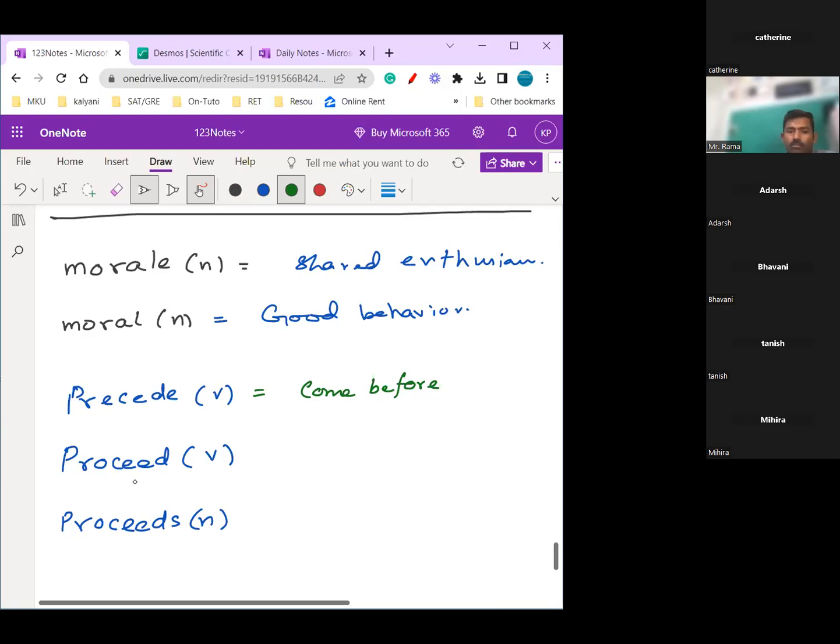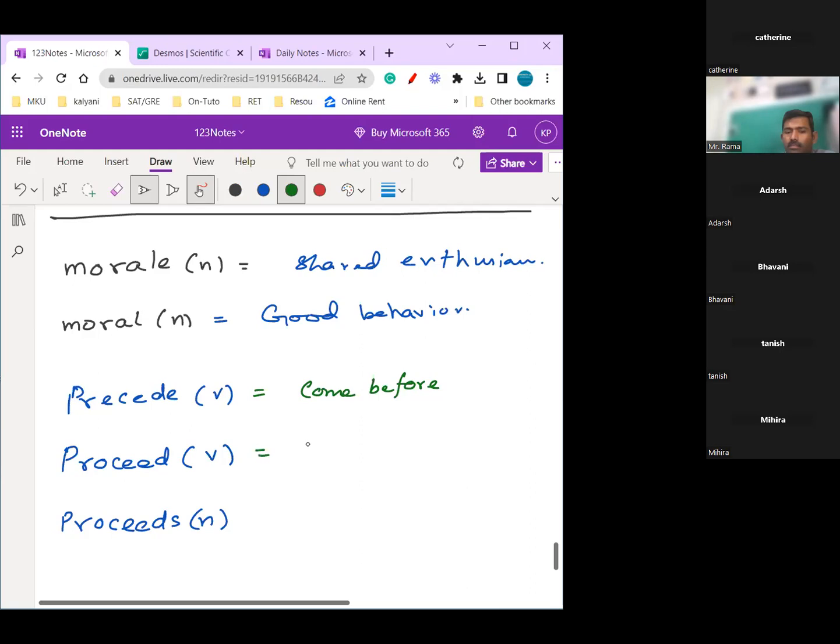How about this one, proceed? What do you guys think? Put them in the chat box. Okay, there we go. Proceed is basically go on.